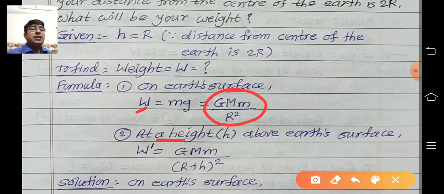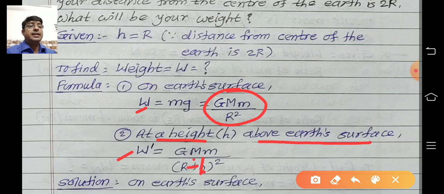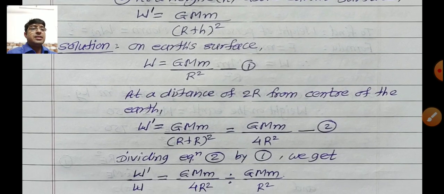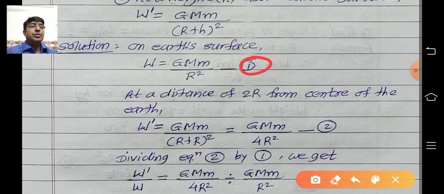And the second one, at a height h above the surface, W dash, is one more formula: GMm upon the radius, which slightly increases, so the denominator is (radius plus height) whole bracket square. Now see the solution. On the earth's surface, W is equal to GMm upon r square.